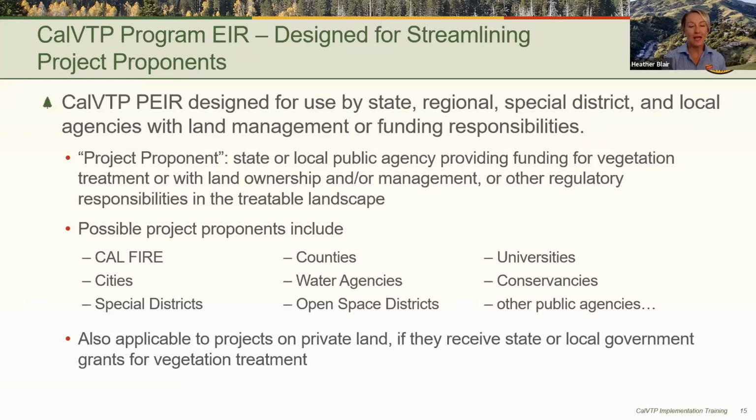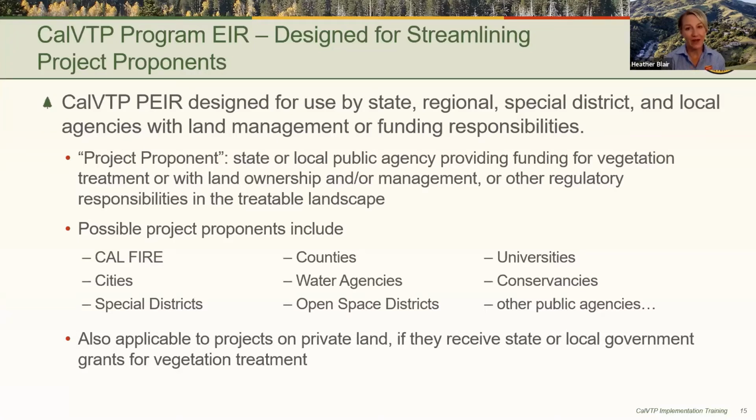So I'll note again, because this comes up often, that projects on private land can use the CalVTP if CEQA compliance is required for their implementation. So 95% of the treatable landscape is private land. Recall that CEQA compliance is needed if there is an approval needed by a state or local government agency.